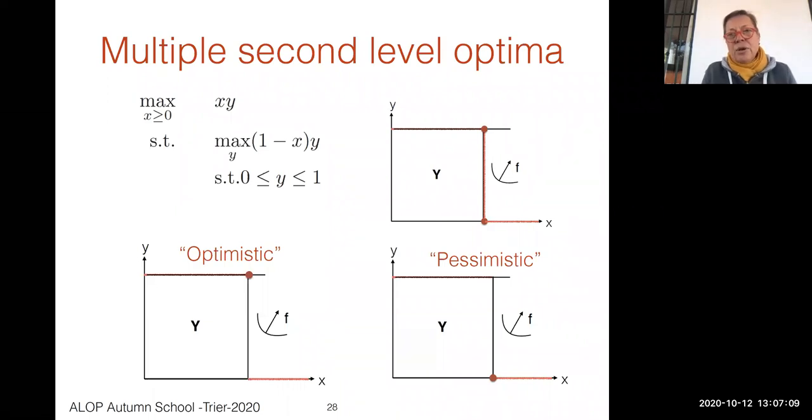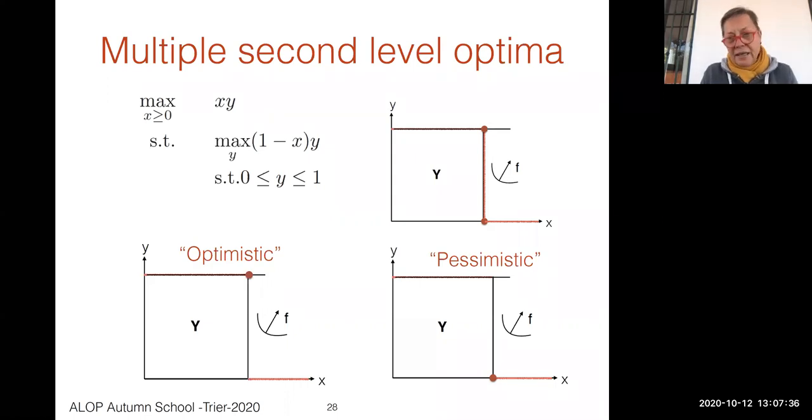There is one issue I didn't talk about yet, which is the situation when the second level has multiple optimal solutions. This is something that can create difficulties, and also you have to understand the consequences of your decision.